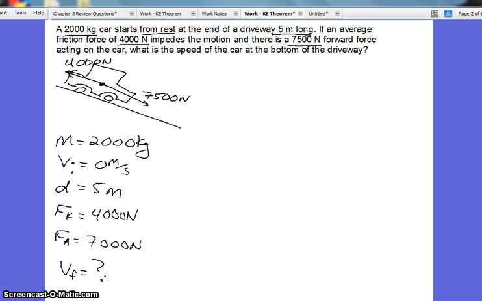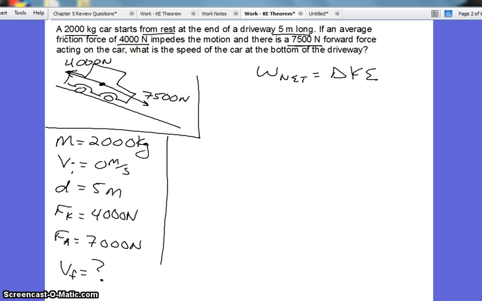So we go to our work kinetic energy theorem, which says that the total work is equal to the change in kinetic energy. I'd like to expand upon this a little bit and write it out. The net work is force times distance times the cosine of the angle.